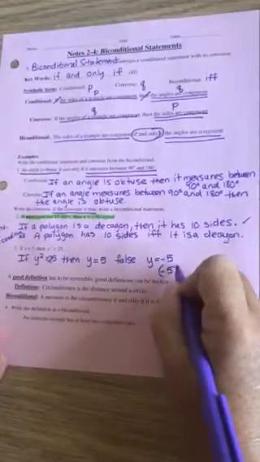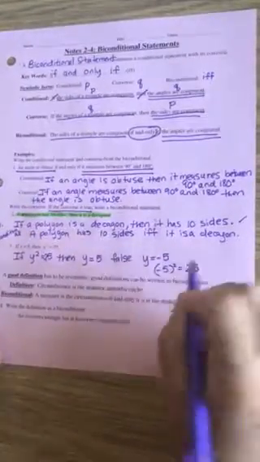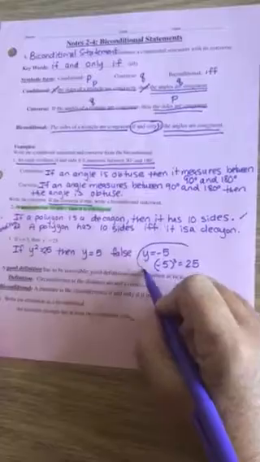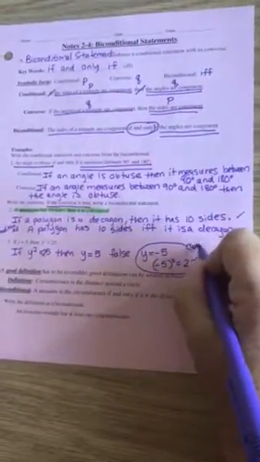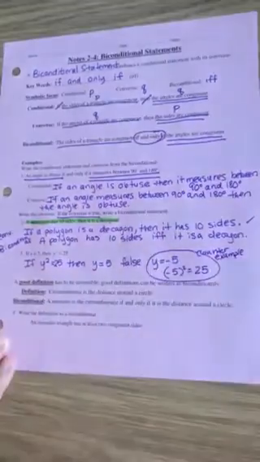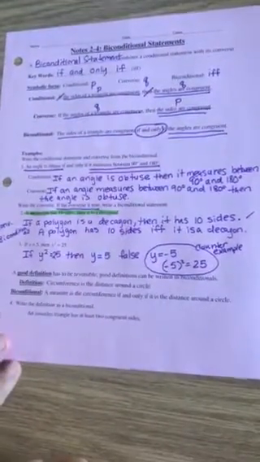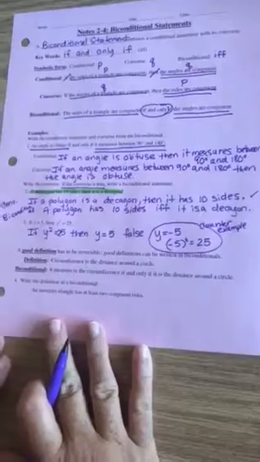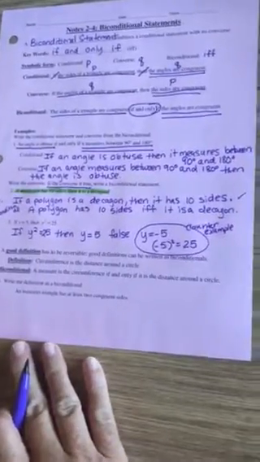Negative 5 squared equals 25. So this is our counterexample. So you cannot write a biconditional if you have found a counterexample for it.